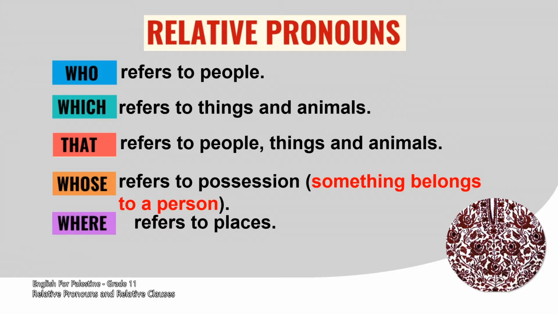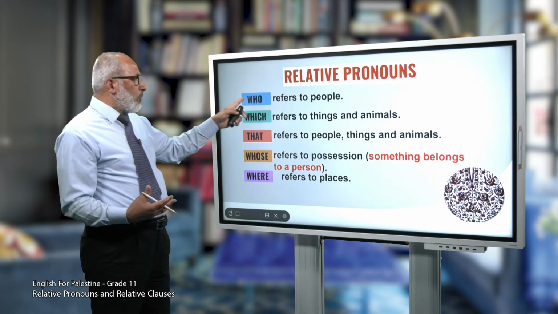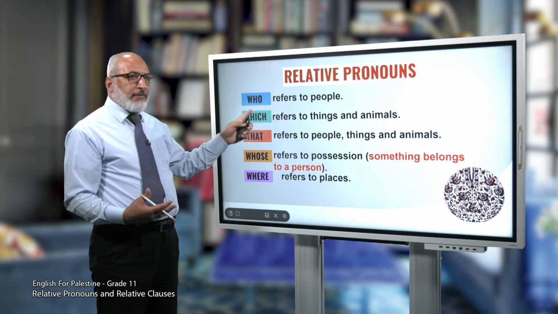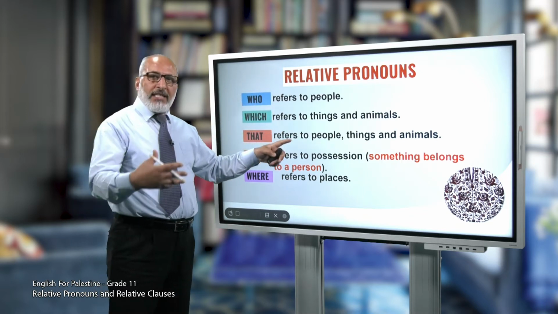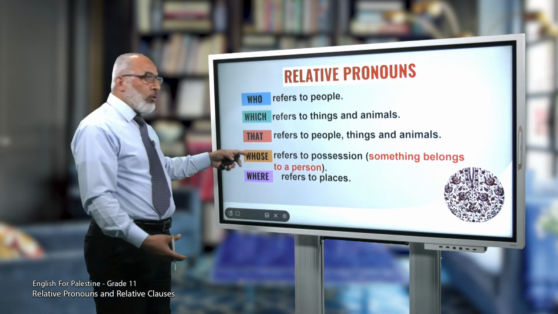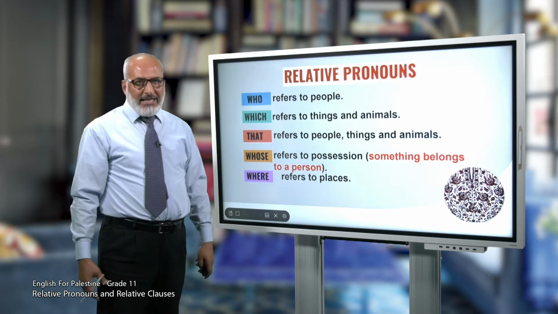Whose refers to possession. Possession means something belongs to a person. And where refers to places. Again, my dear students, who refers to people, which refers to things or animals, that refers to people, things or animals, whose refers to possession, and where refers to places.